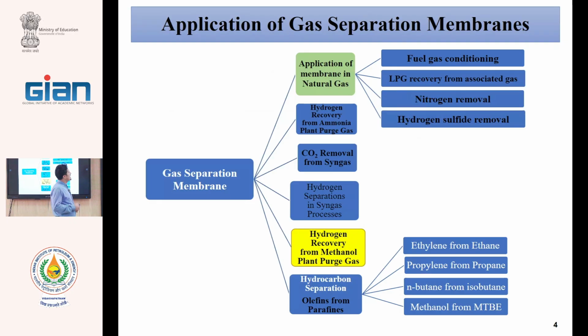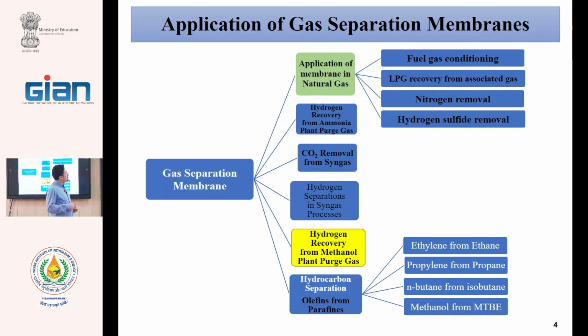For example, in natural gas, one problem is the presence of acidic gases that cause corrosion. We must separate carbon dioxide and H2S from the methane.